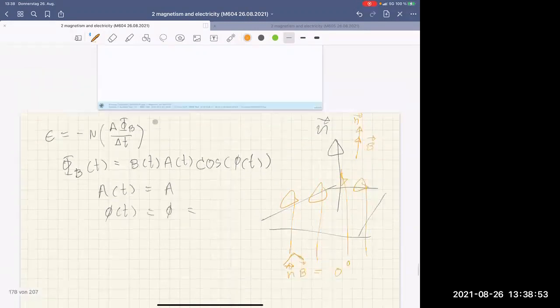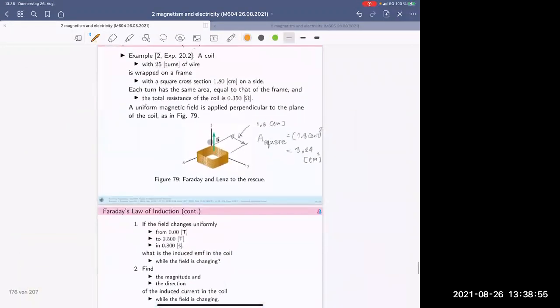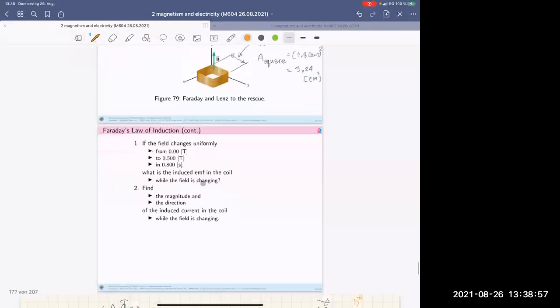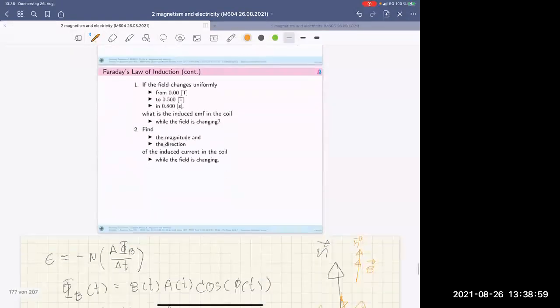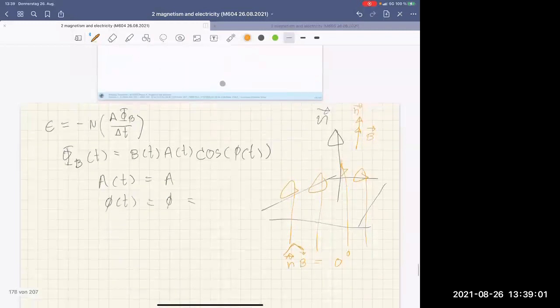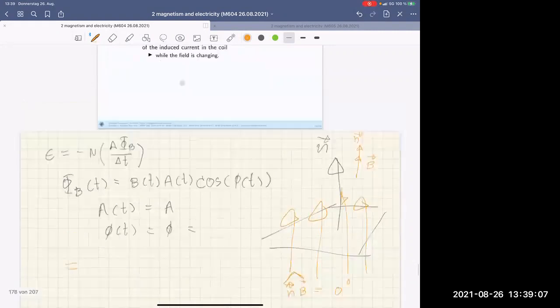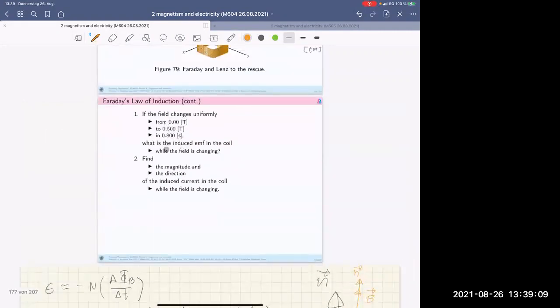B changes with time. The magnetic field changes with time from 0 to 0.5 Tesla per 0.8 second. So let's continue our derivation. What quantity do they want to know? Induced EMF, okay?